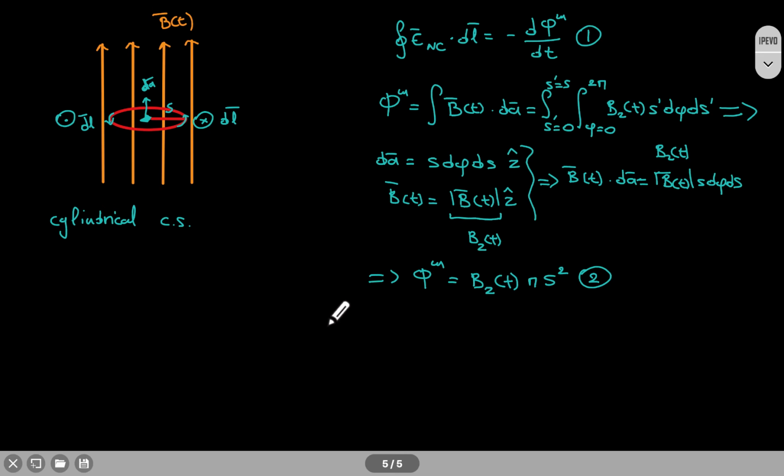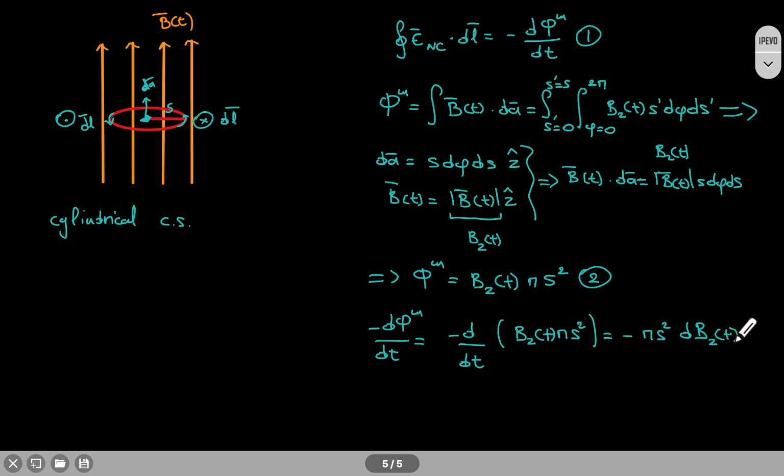Using the right side of equation 1 and what I found for equation 2, since I found the flux to be this, it will be minus pi s squared d bz, which is a function of time, over dt.